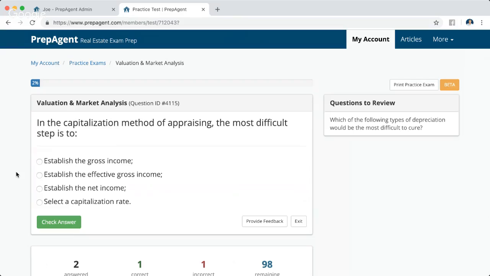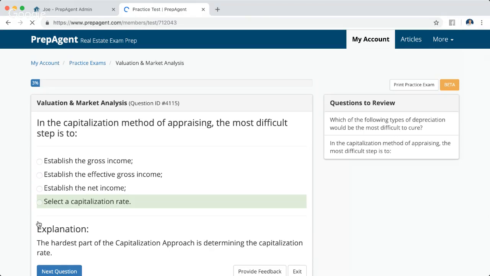Or D, select capitalization rate. The answer is D, select a capitalization rate.